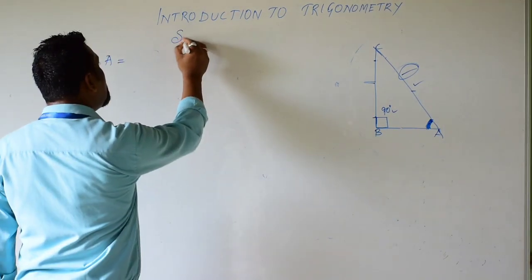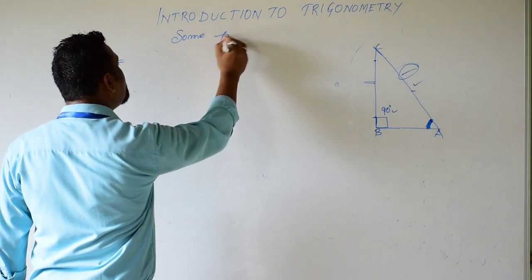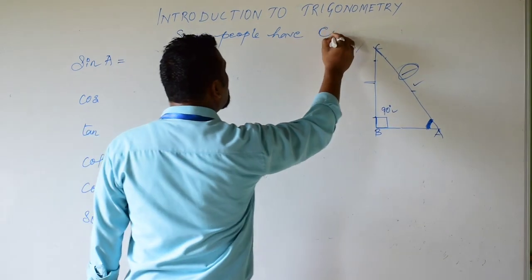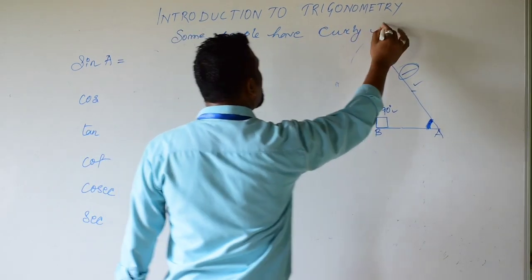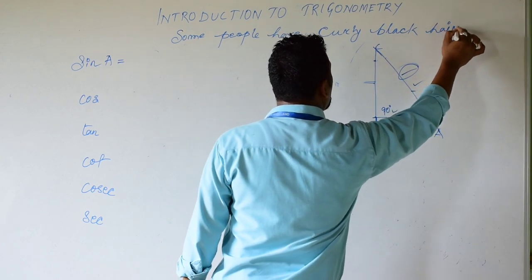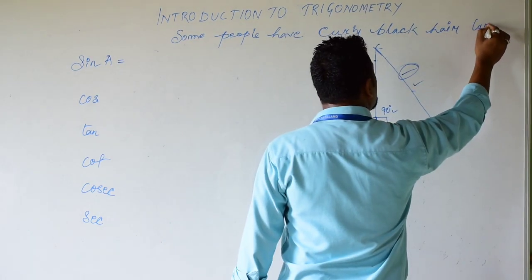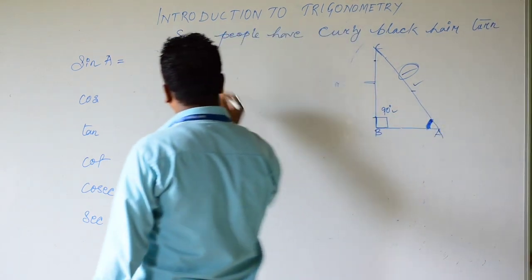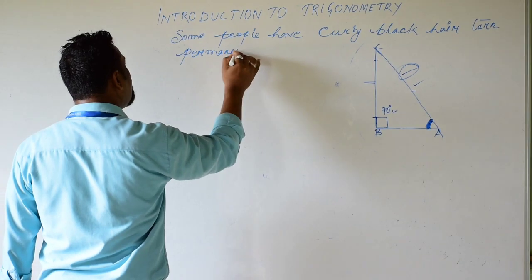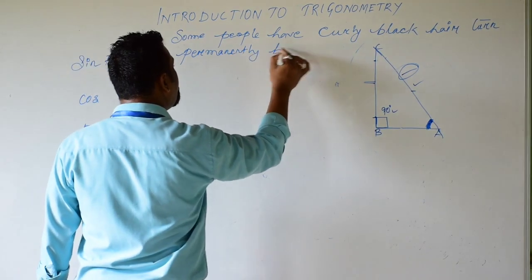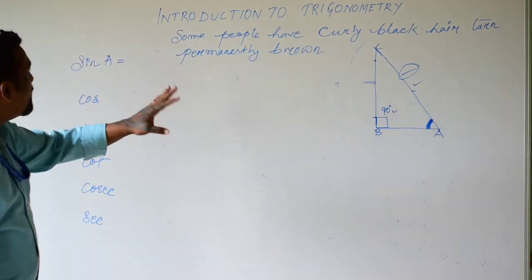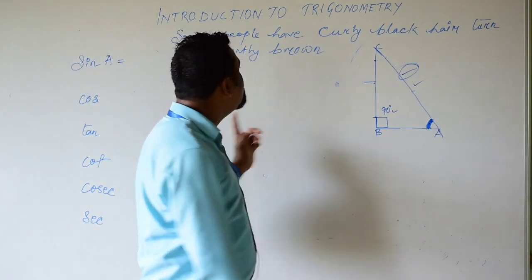I do it in this way: some people have curly black hair turned permanently brown. This is the easy process to memorize: some people have curly black hair turned permanently brown.